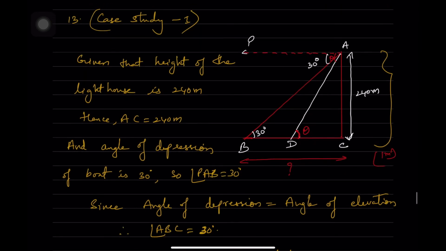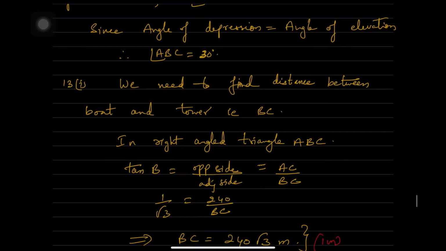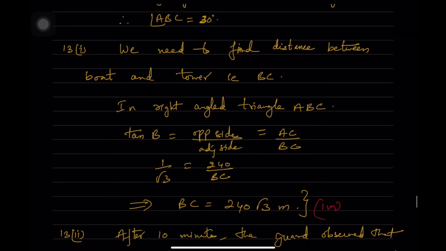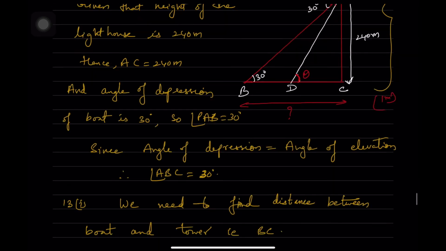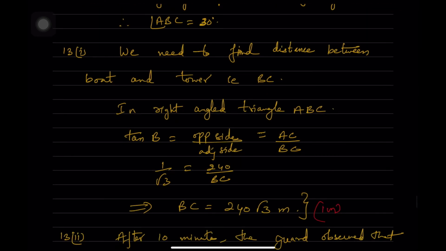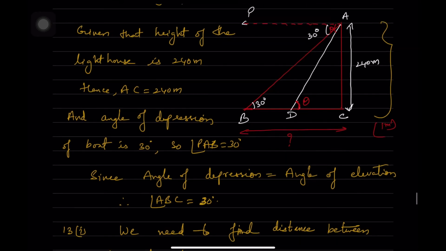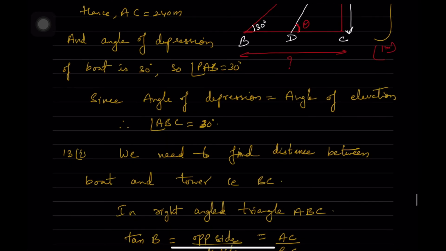So now this is the part which is given. For this we have 1 mark. Now we need to find the distance between the boat and the tower, that is, we have to find BC. So in right angle triangle ABC, tan B is equal to opposite side by adjacent side, which means tan 30 is equal to AC by BC.